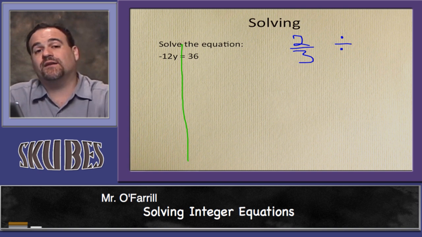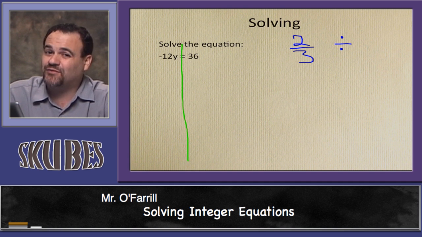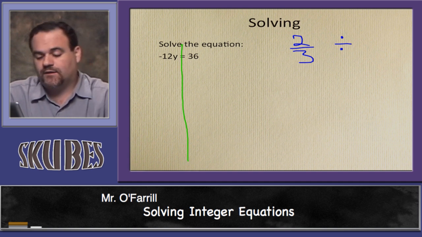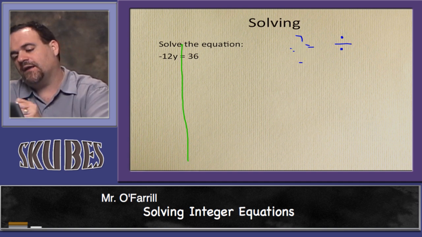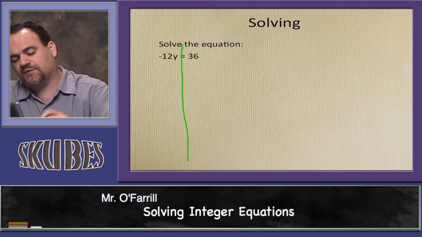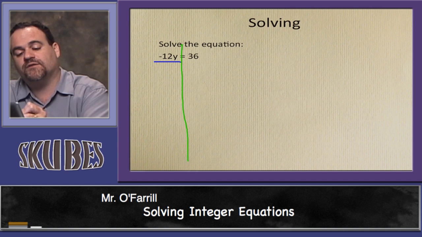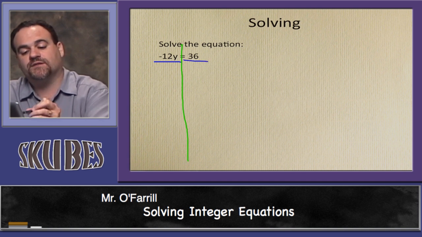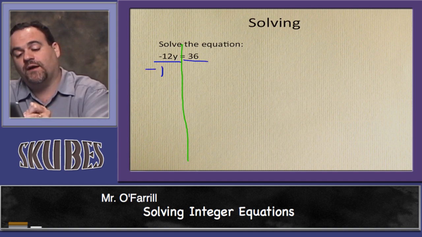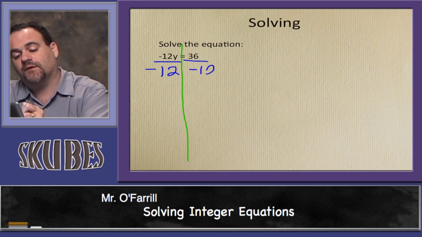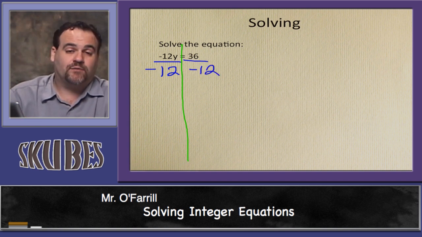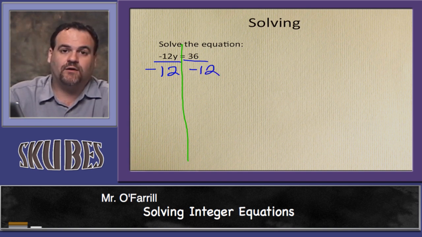But another way you can treat it is as though we're saying 2 divided by 3. And the reason I'm bringing that up right now is that it stacks vertically better, if we just go ahead and say we're dividing both sides by negative 12. It looks a lot like a fraction, but we are dividing by negative 12.